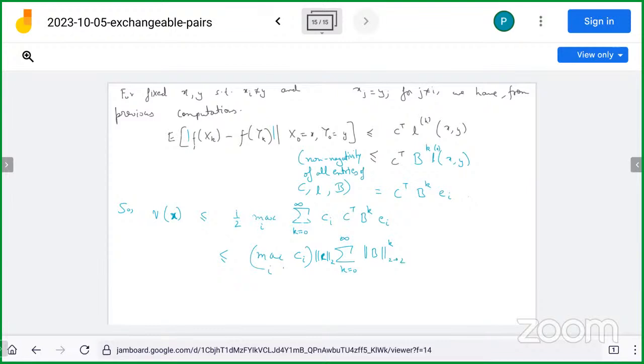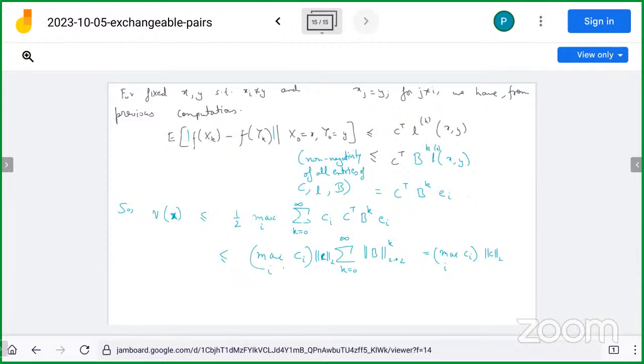So think of this vector and this vector. This is the norm one vector. This is at most, the operator norm of P to the K is at most that. So this is what we have. This sums up to what? This is a geometric series, so this is equal to max over i of the 2 norm of C_i times nu times one minus the norm of P. I think there's a factor of half also.